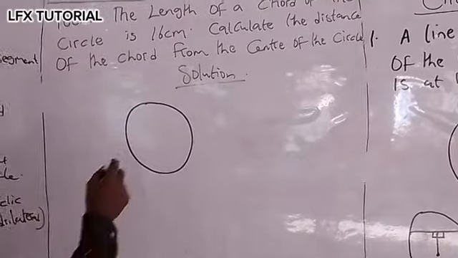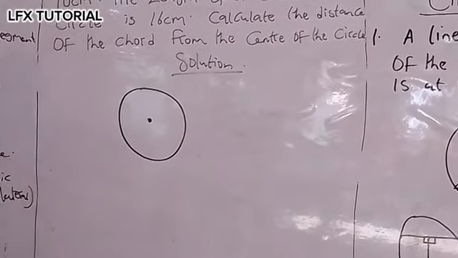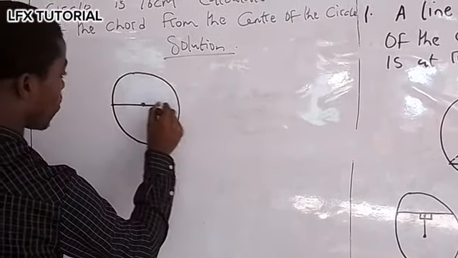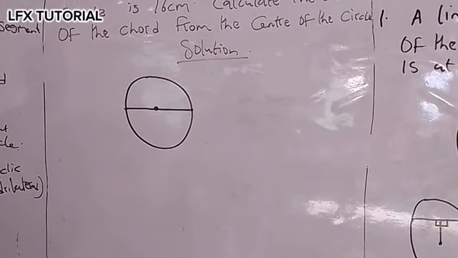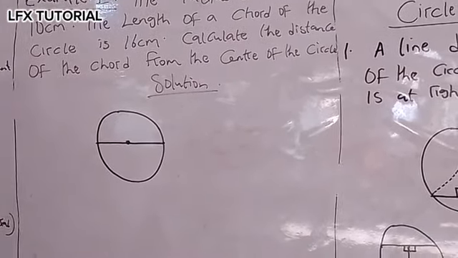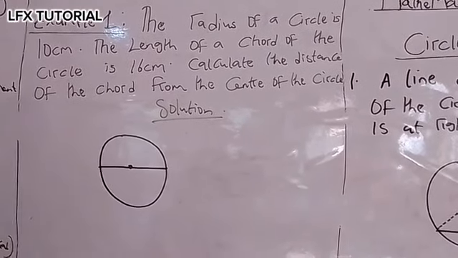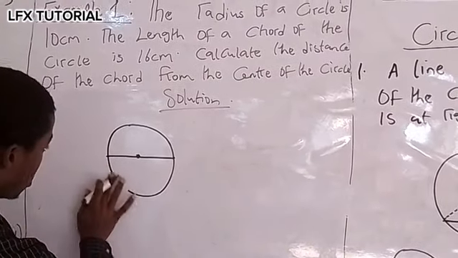Now, don't forget that this is the center of the circle. If I have the center of the circle, any line that divides the circle into two equal parts is what? A diameter. Don't forget that one. And they are telling us that the radius of the circle is 10 centimeters and the length of the chord is 60 centimeters. That means the chord does not pass through the center of the circle. I have something like this from here to here.